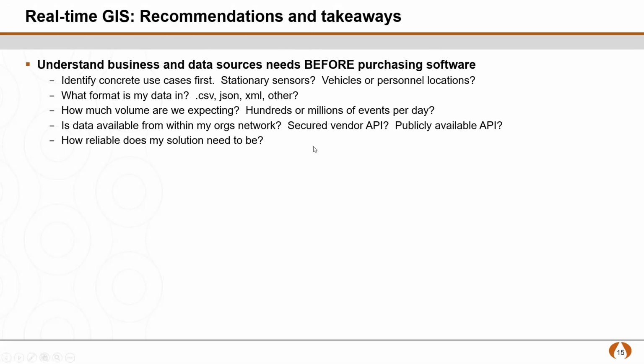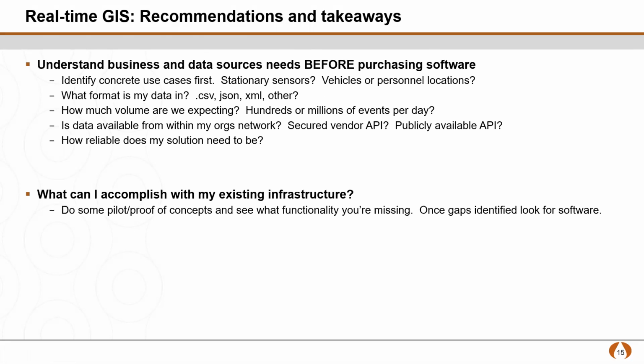All good questions to answer before purchasing software. And also look at what you can do with what you have right now. Do some pilot and proof of concept projects with your existing GIS technology stack and see what you can do. Because you'd be surprised, you could do a lot with just standard Esri and Python.